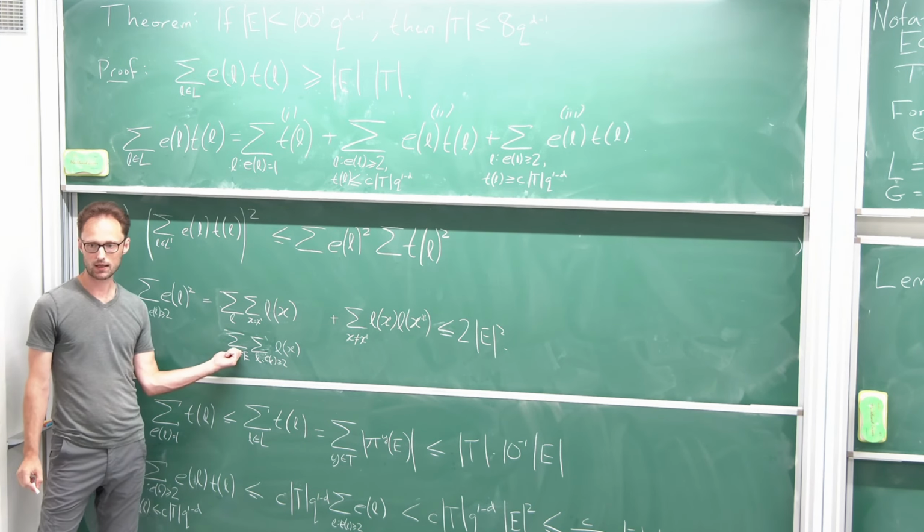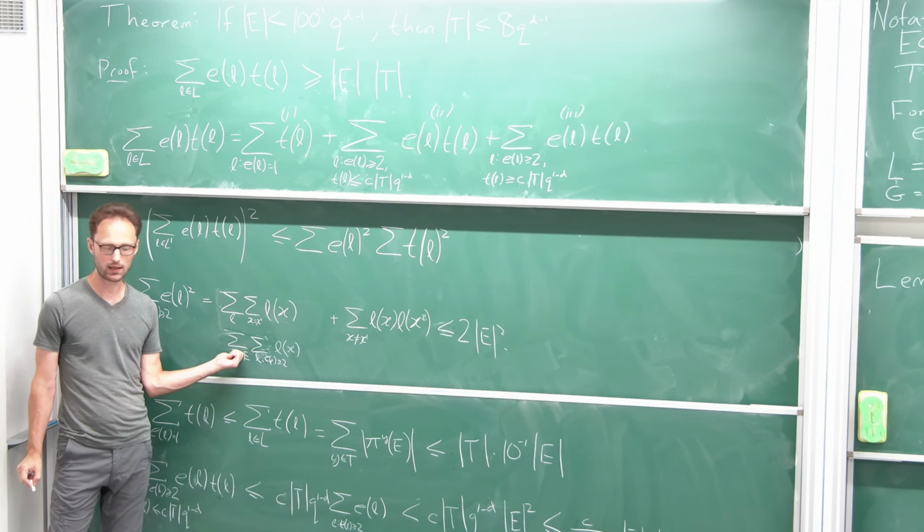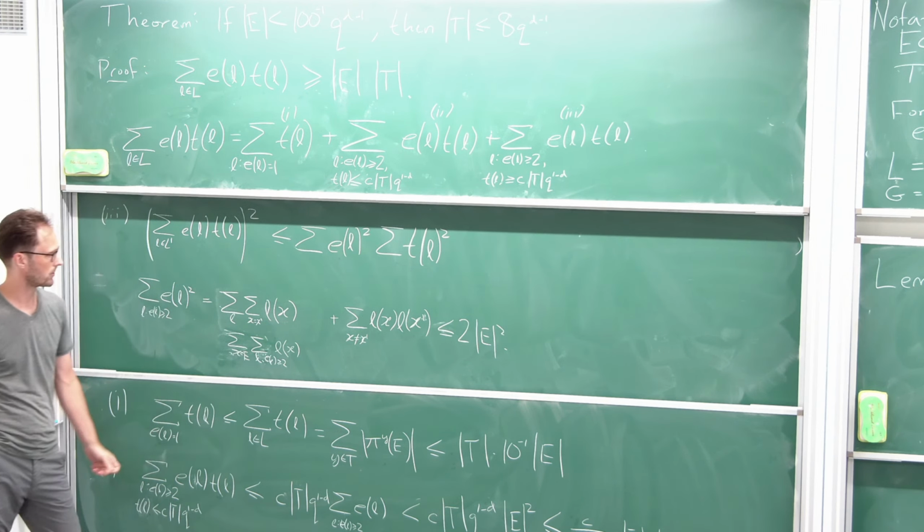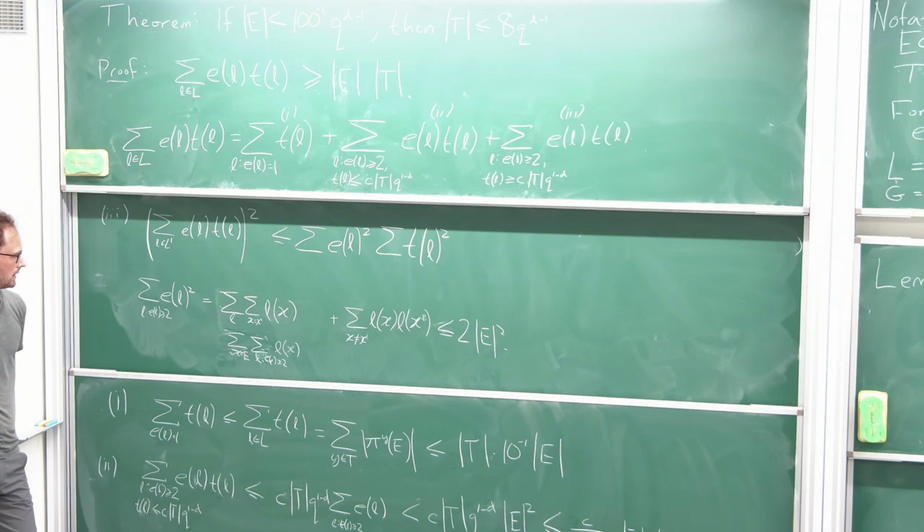So here it is summing over E things, and each sum is at most E minus 1. And that's where the upper bound of E squared comes from.